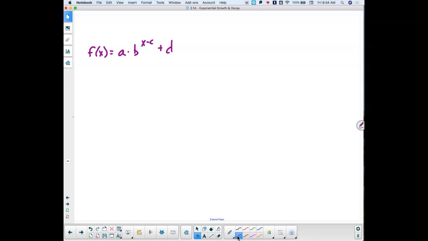So today, that would be f of x equals a times e to the k times x minus c, plus d. I forgot k in there. Same thing happens: c will shift it horizontally, and d will shift it vertically.